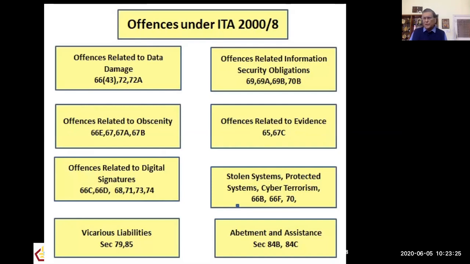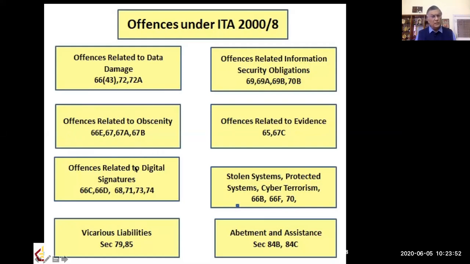Now, when we come to the offenses, I try to bifurcate here based on different types of offenses. We have got one set of offenses related to data damage. 43 is one such thing associated with Section 66. Then there are two sections, 72 and 72A. There are offenses related to obscenity, which is 66E, 67, 67A, and 67B.